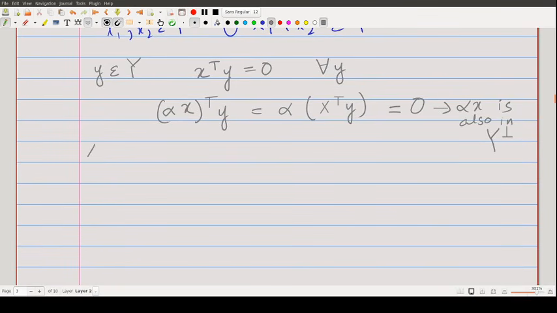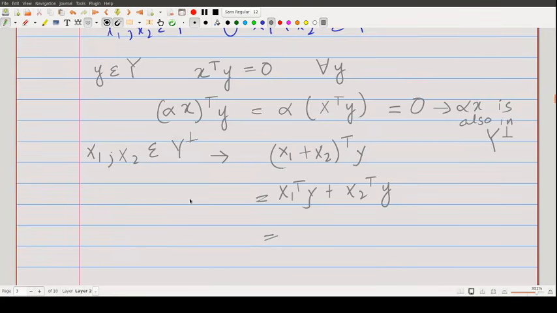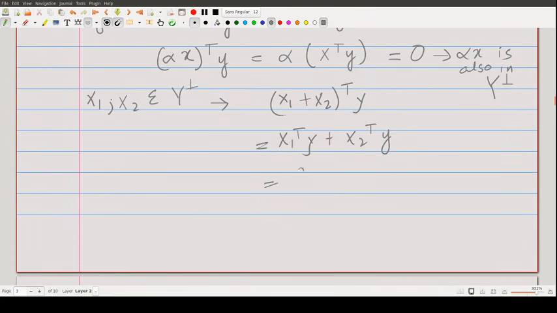And secondly, if x1 and x2 belong to the orthogonal complement, then for x1 plus x2, if I take the scalar product, what we get is x1 transpose y plus x2 transpose y, because it's a linear operation. This is 0 and this is 0, so the sum is also 0, which implies that x1 plus x2 also belongs in the orthogonal complement of Y.